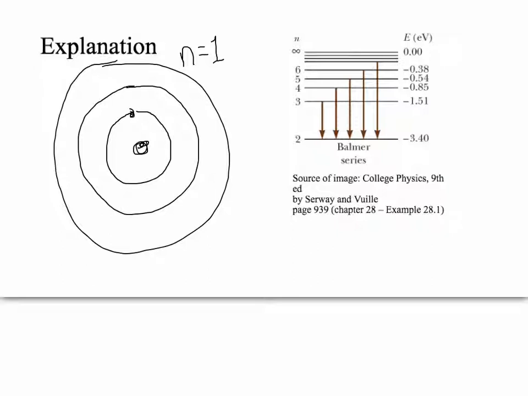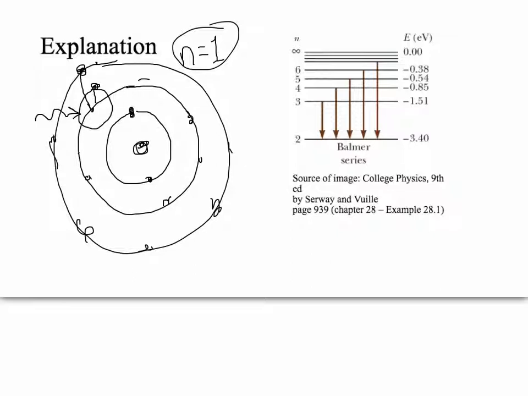So Bohr said that whenever this first energy level, n equals 1, gets filled up, then atoms start putting electrons in the second energy level. And whenever the second energy level gets filled up, they start putting electrons in the 3rd energy level, and so on and so forth. But then Bohr said, if an electron in the second energy level has energy added to it, as we did with electrical energy, it can't jump from here to here, for example, because it can't reside there, but it can jump a discrete unit to here.